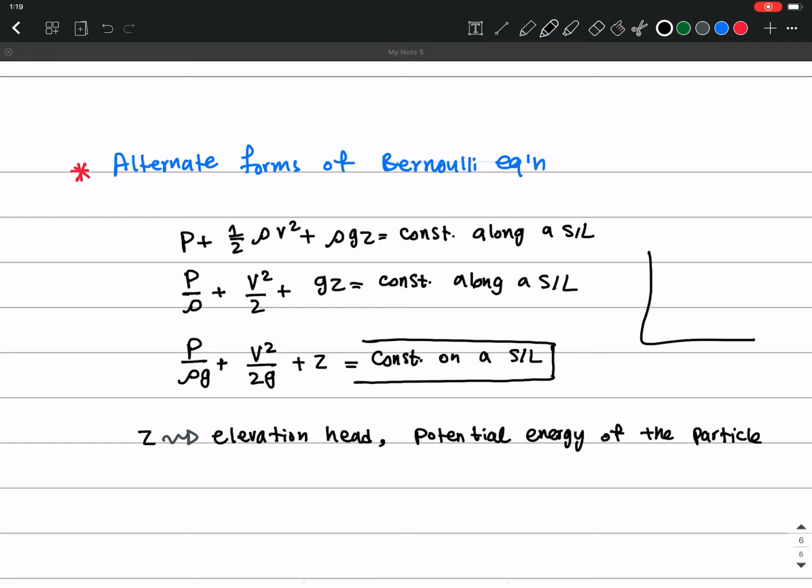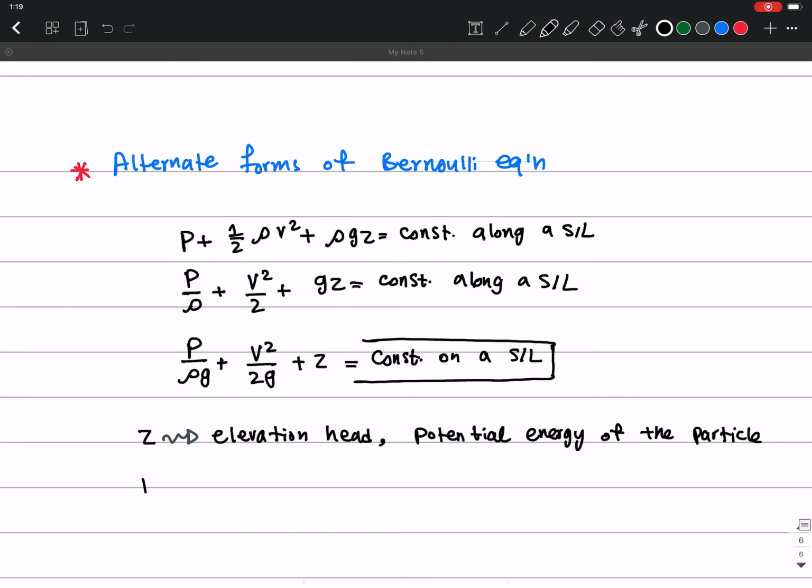If you have a fluid and you want to release it from a certain height, this elevation, this Z, is the potential energy of these particles in this streamline, right? So this represents potential energy in these flows.